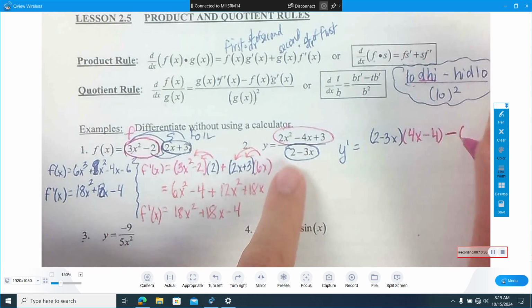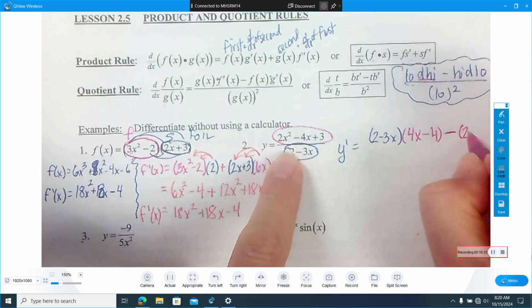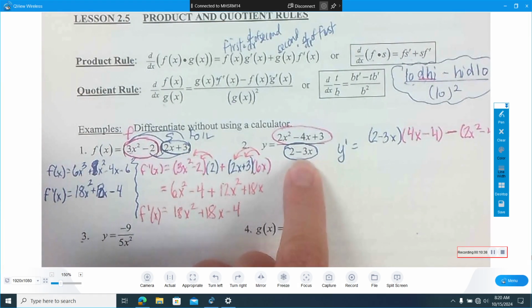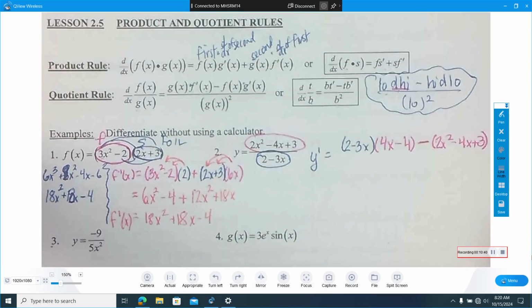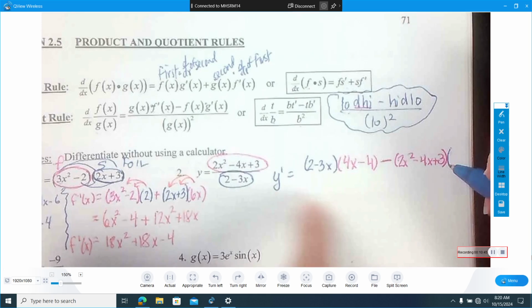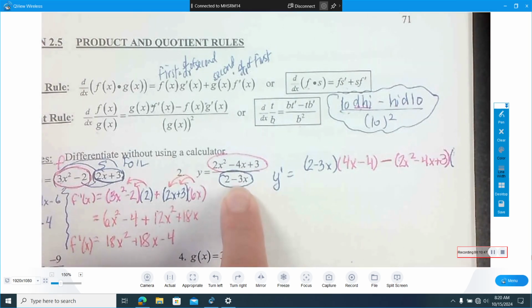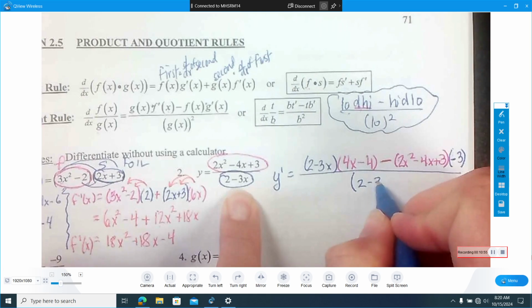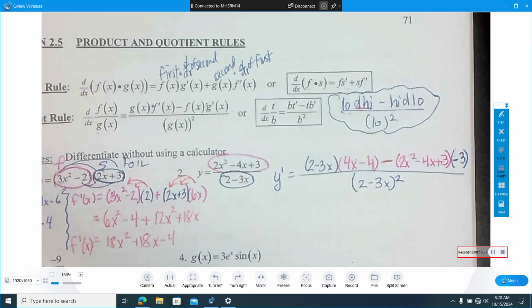High, so that's unchanged, just the numerator, 2x squared minus 4x plus 3. D low, what is the derivative of the low thing? Negative 3. All over low squared. So 2 minus 3x quantity squared.